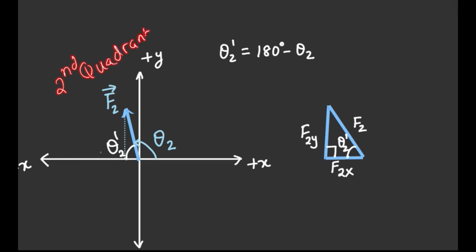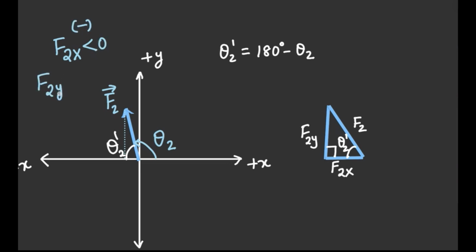In the second quadrant, x is negative and y is positive. That means F2y will be positive and F2x will be negative. So let's go ahead and write that down real quick. If the vector is in the second quadrant, then its x component will be negative, that is, less than 0, and its y component will be positive.